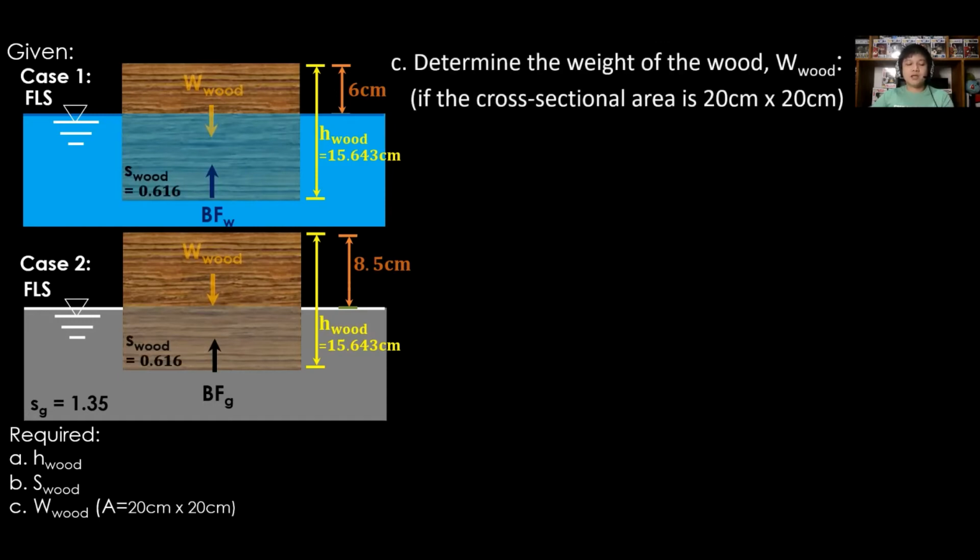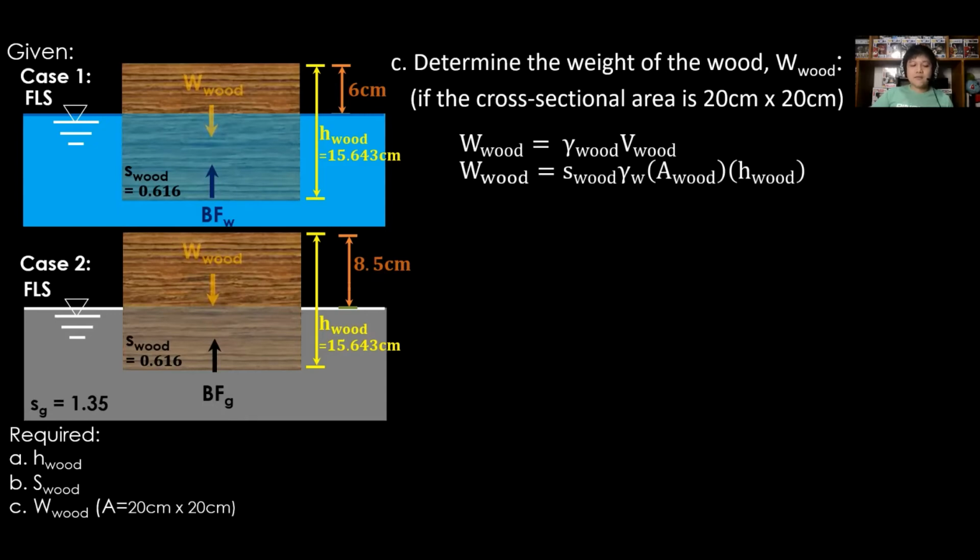And for the last requirement, the weight of the wood if the area of the base is 20 centimeters by 20 centimeters. The weight of the wood is equal to the gamma of the wood times volume of the wood. And gamma of the wood is equal to the specific gravity of the wood times the gamma of reference fluid, and the volume of the wood is A of the wood, that is of its base 20 centimeters by 20 centimeters, multiplied to the predetermined height of the wood.